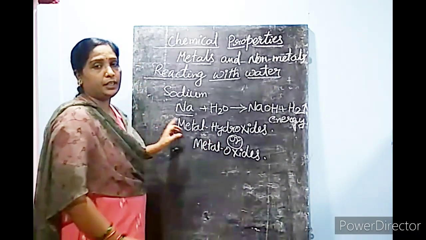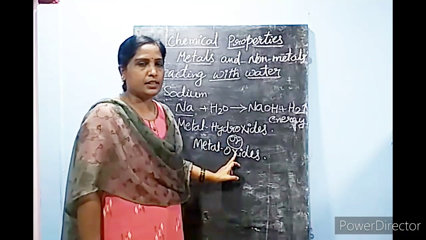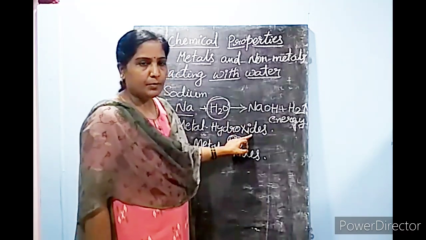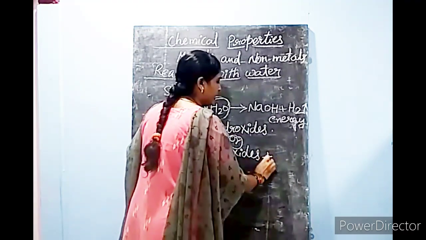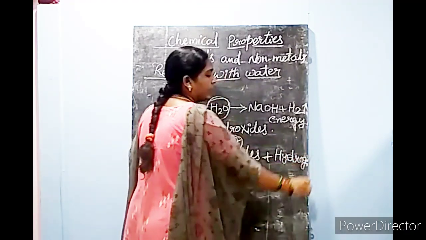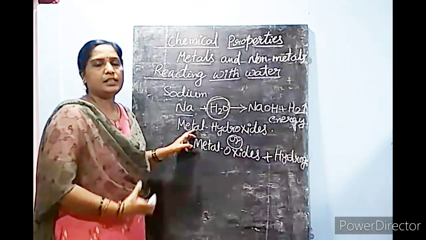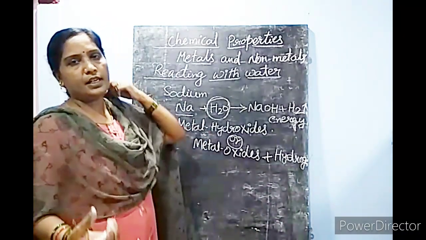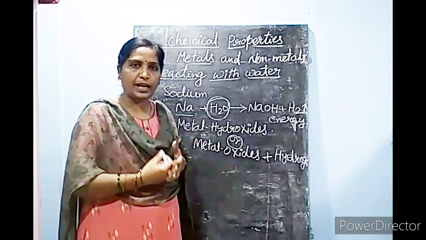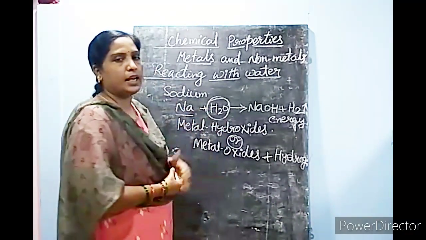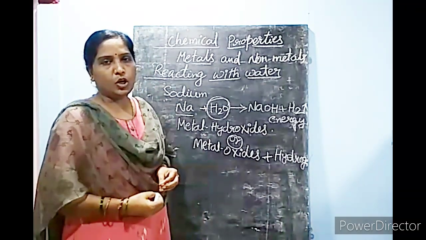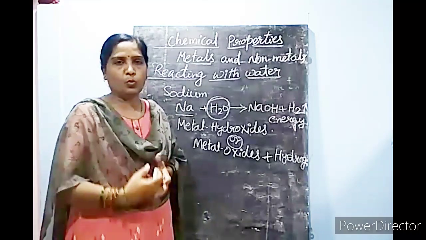When they form these metal hydroxides and metal oxides by reacting with water, they also release hydrogen gas. Hydrogen gas is released with some energy. This energy may help the hydrogen to catch fire. So it's a vigorous reaction. That's why you need to wrap the sodium in cotton and then release it into the water.